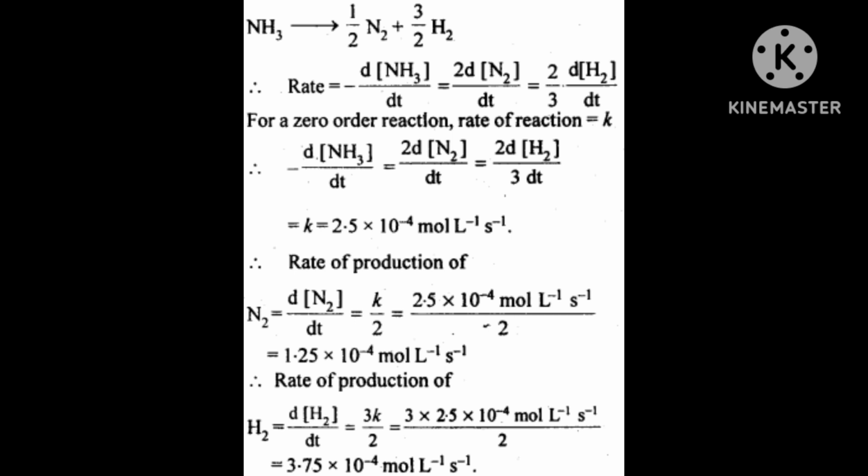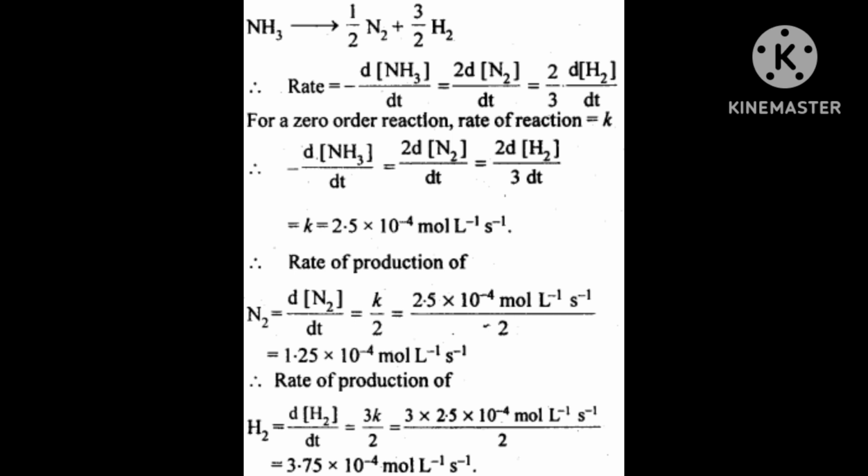Correct? Then how will you determine k? k is a constant, and it is equal to minus slope. Then you can calculate the k value very easily.